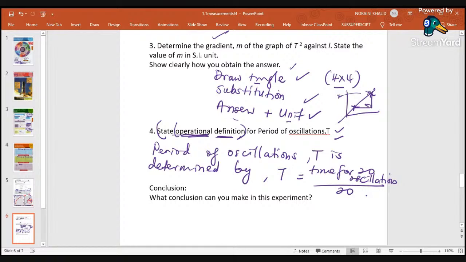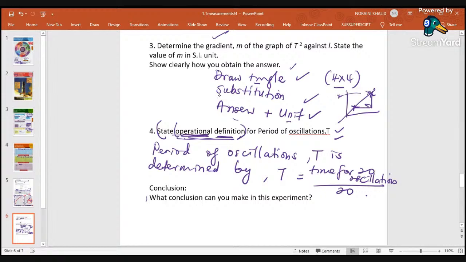So this one we call it operational definition. Don't write time taken for one complete oscillation. That one is definition. So that's the difference between operational definition and definition.